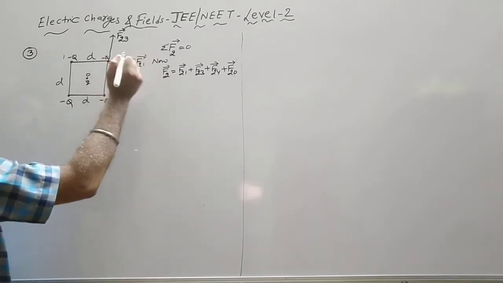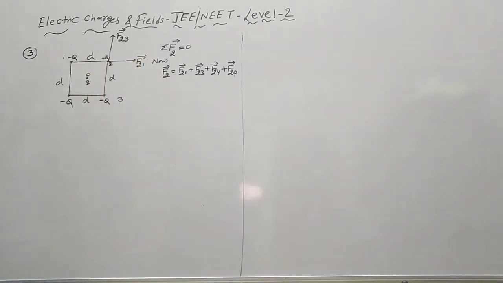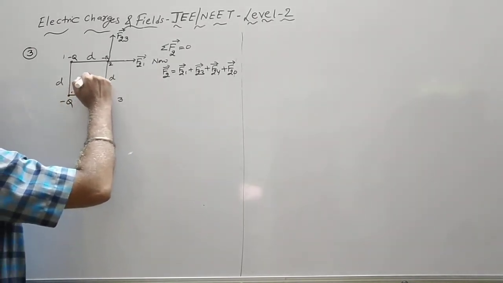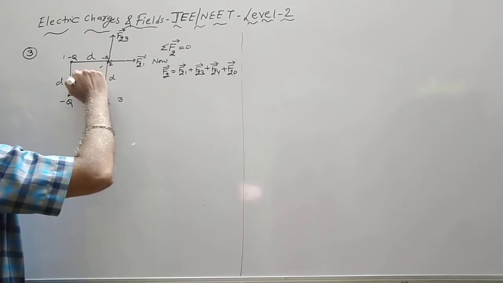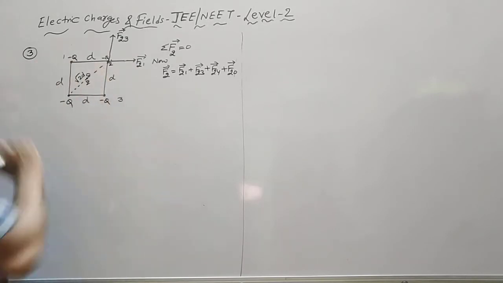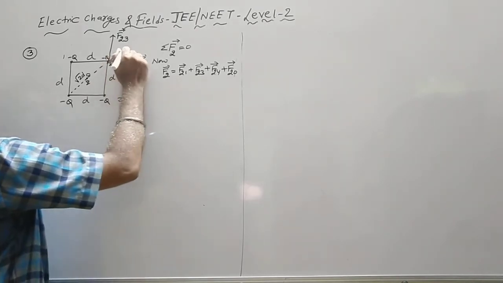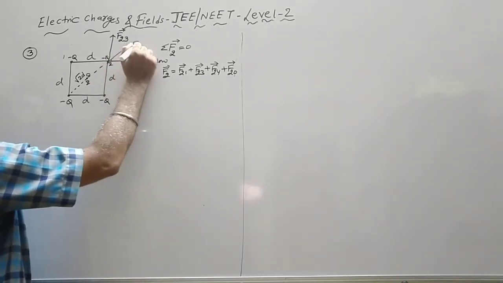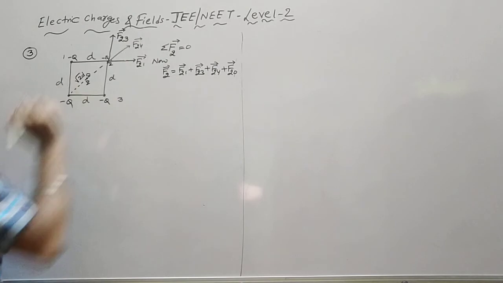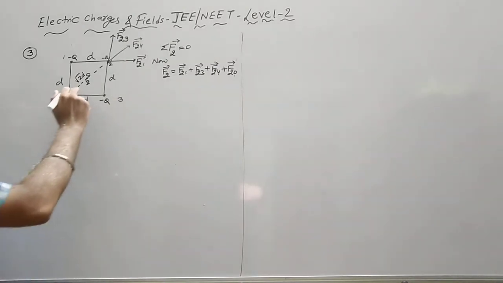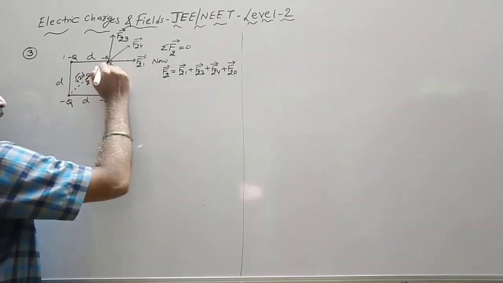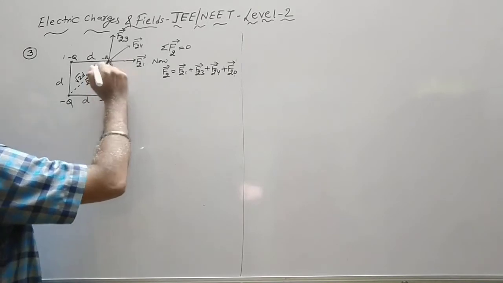Let this charge be number 2, as given. Now this distance, we all know, should be equal to root 2 d. So this will be the direction of F24, and this minus q will be attracted towards the center charge.